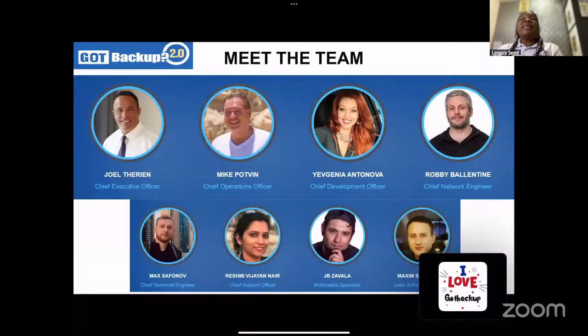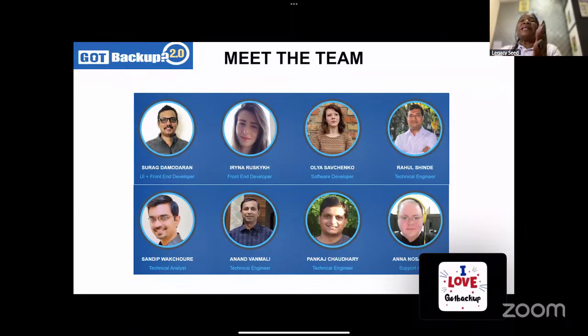Now, it's important for you to know that GOT Backup, as it has been developed, has behind it a whole team that has been working on it. All these people you see here are part of the company, but they are in charge of the GOT Backup storage service I'm talking about. You have the CEO, you have the Chief Operating Officer, you have all that have been working on GOT Backup. And then this is another team.